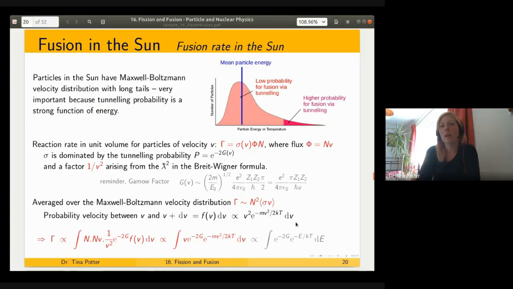Now we need to have a look at this decay rate over the average of the Maxwell-Boltzmann velocity distribution, and the average is going to sit at a much lower energy, but it's these ones in the tails that are quite interesting that will increase our probability here. So what we'll do is integrate this decay rate over our Maxwell-Boltzmann distribution. We'll integrate this cross section multiplied by the velocity over the velocity range here.